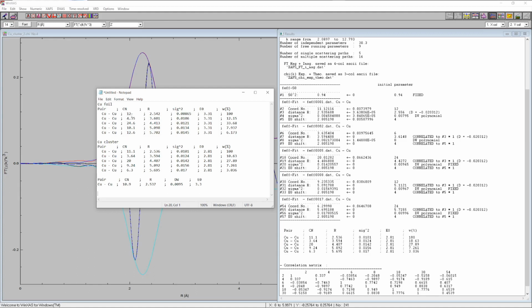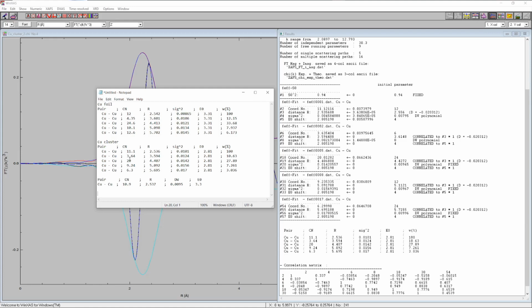So compared to the results of the copper foil, in both cases we do see a decrease in the coordination number, 11.1 here and 10.9. So good agreement here. We do see a decrease in distance in both cases, and we see an increase in the Debye-Waller factor going from the reference foil to the copper clusters, in both cases when including higher shells and also only for the first shell analysis.